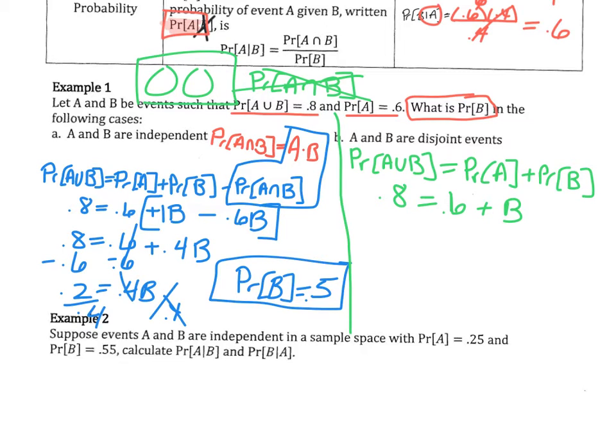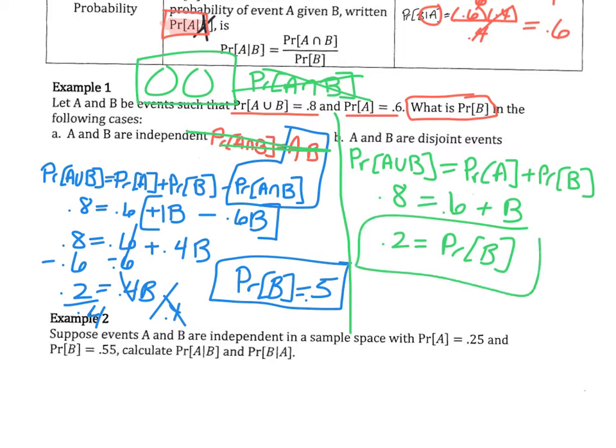That's just a simple plug-in. So if they're disjoint, that means there is no overlap, and therefore this independence idea kind of goes out the window. It also shows that the probability of B is different by 30% if it's a disjoint versus an independent scenario.